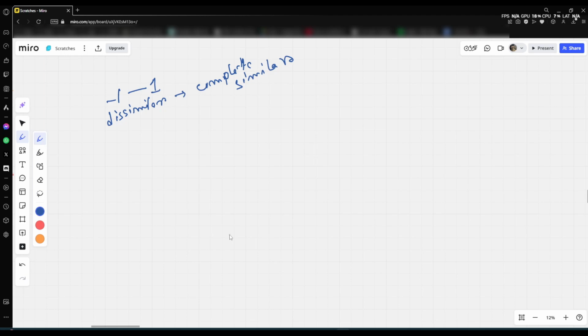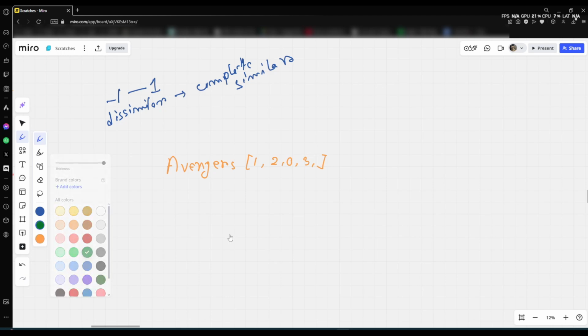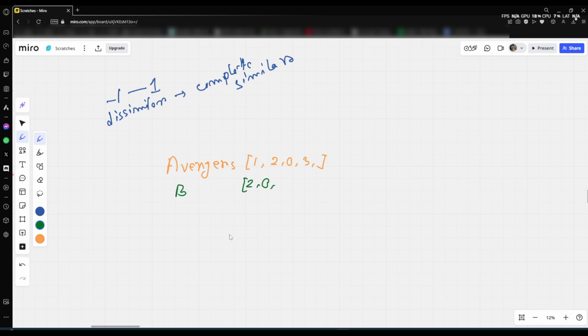Suppose the movie Avengers has a rating of 5 dimensions: 1, 2, 0, 3, 1. Okay, and now another movie that we don't know. Let's call it B. A movie B that has a rating of 2, 0, 1, 1, 1.